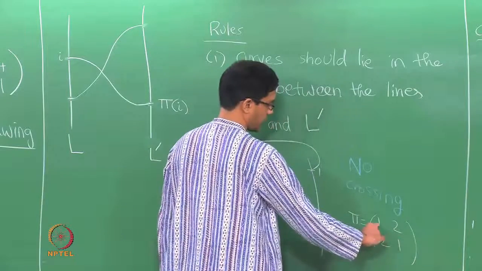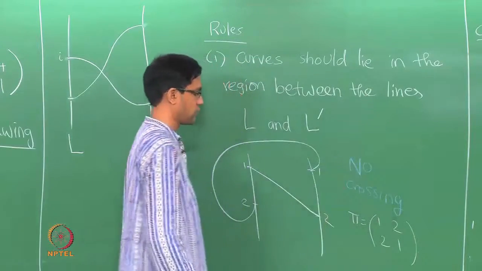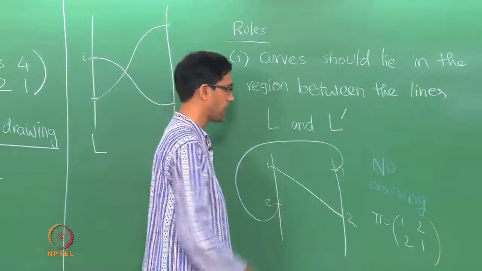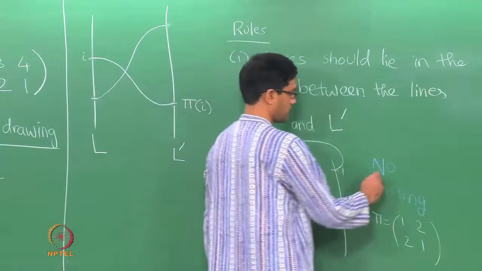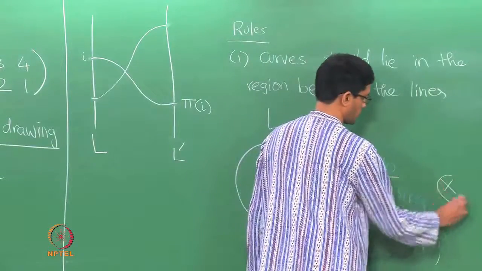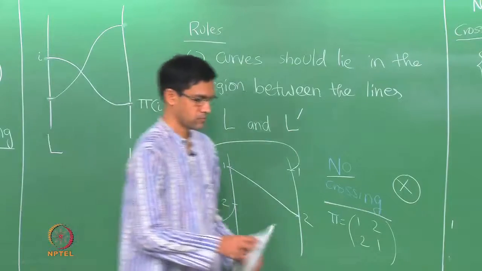Of course i could be 1 and j is 2, and that would satisfy the formal definition of a crossing. So this picture is bad for the reason that it does not show a crossing when in fact there is one. So we do not want to allow these. Okay, so that's one.